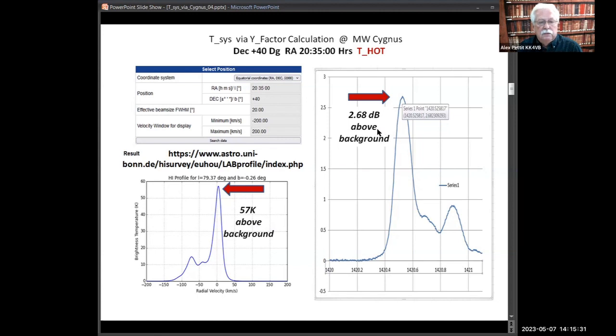This was the brightest part in Cygnus that I measured above the cold sky background. It's like 2.7 dB, and it corresponded to 57K.